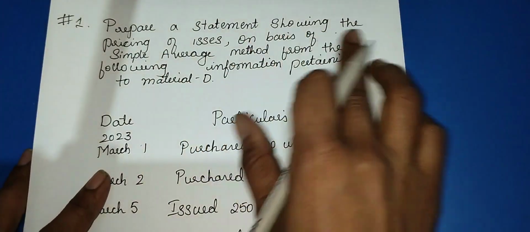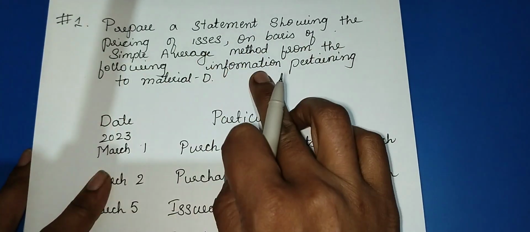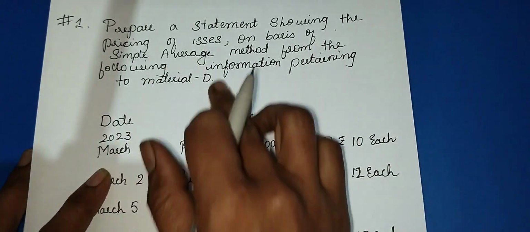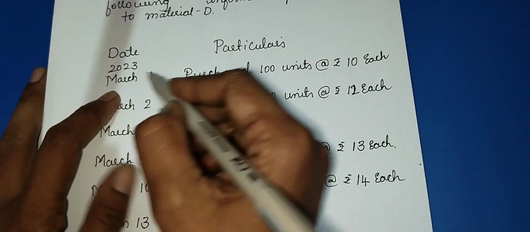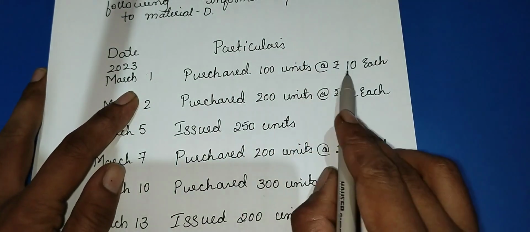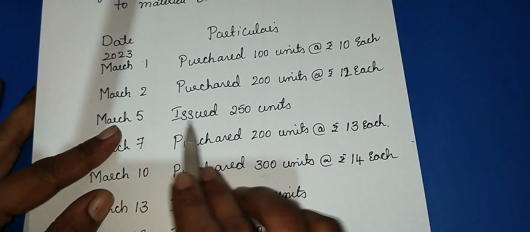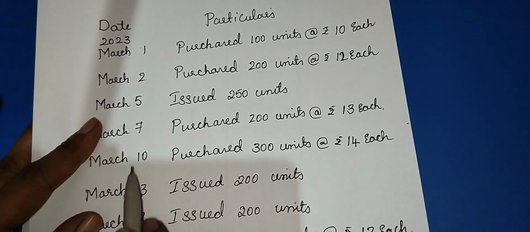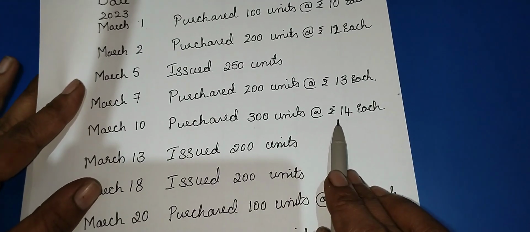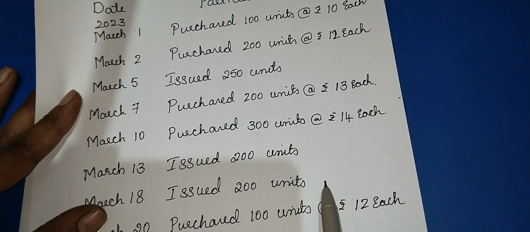Prepare a statement showing the price of issue on the basis of the simple average method from the following information pertaining to material D. The material you have received is named D. Date and particulars: March 1st, purchased 100 units at rupees 10 each. 2nd, purchased 200 units at rupees 12 each. 5th, issued 250 units. 7th, purchased 200 units at 13 each. 10th, purchased 300 units at rupees 40. 13th, issued 200 units. 18th, issued 200 units. 20th, purchased 100 units at rupees 12 each.